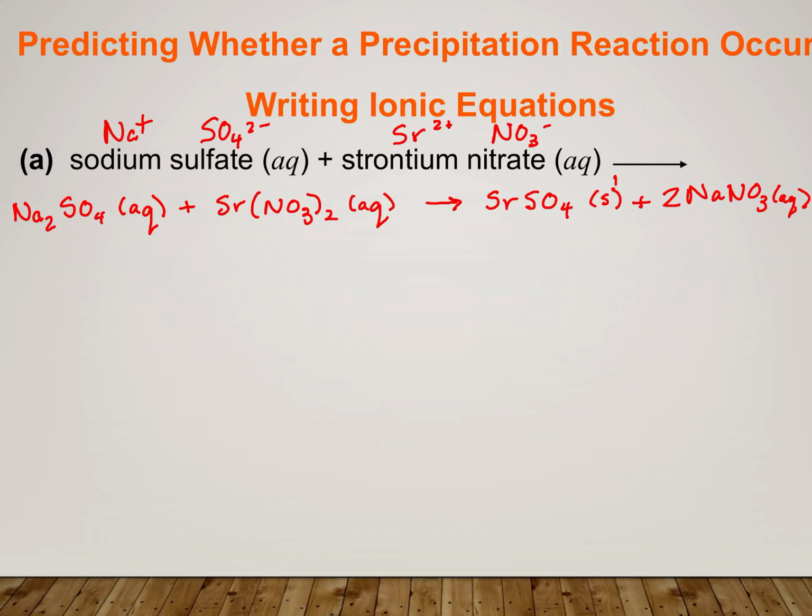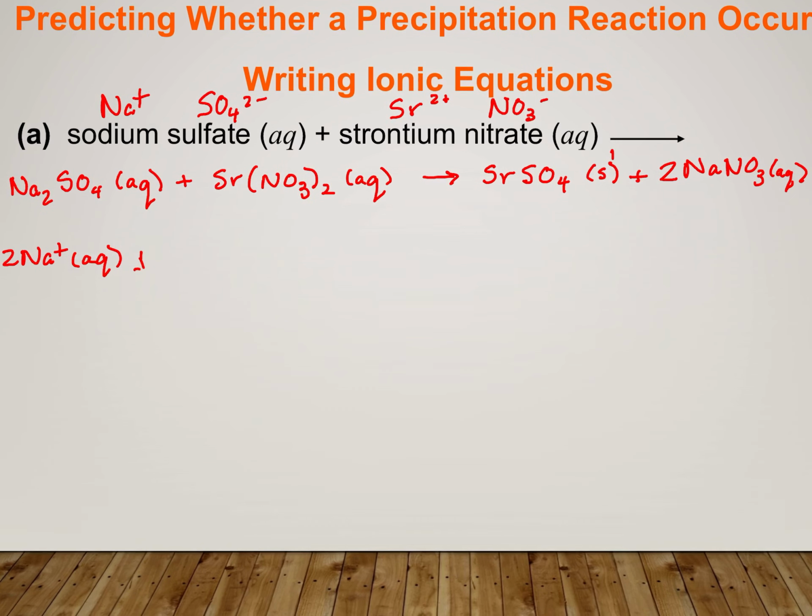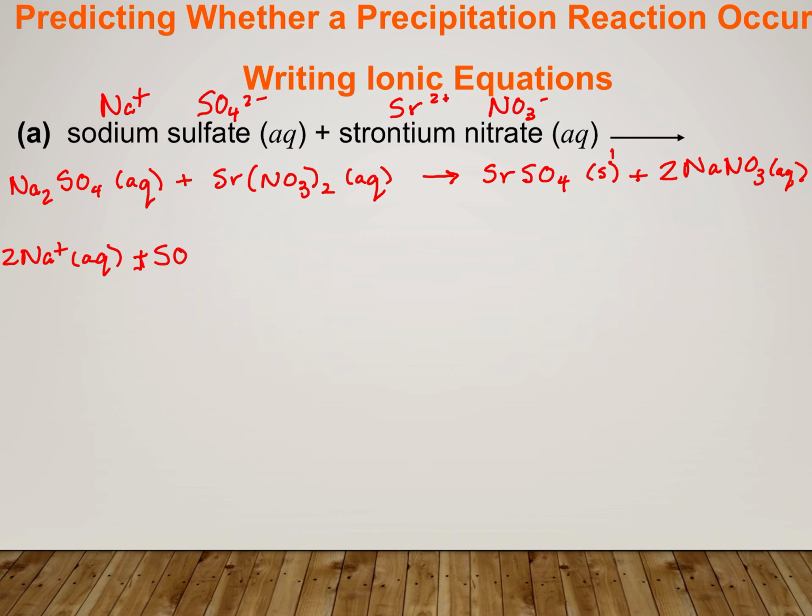Then we need to write our complete ionic equation, which is going to break apart anything that is aqueous. So this sodium sulfate will break into 2 Na+ and SO4 2-, and then our strontium nitrate will break apart and we will get 2 nitrates, because that 2 has to pop out front.